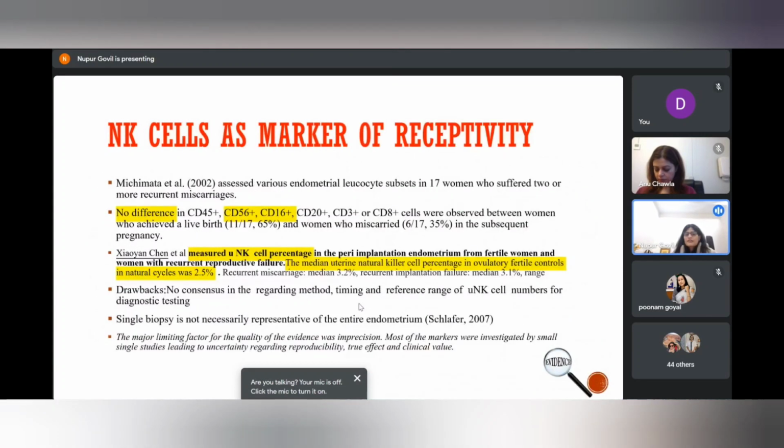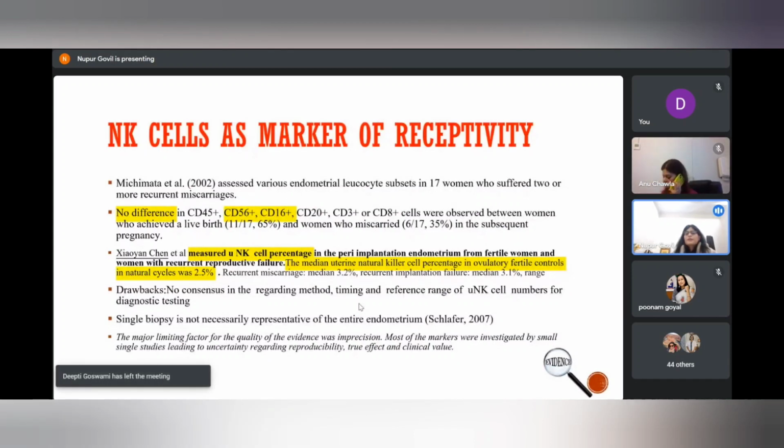There were several studies which were done, and one study found no difference when they compared women who miscarried and women who achieved live birth.